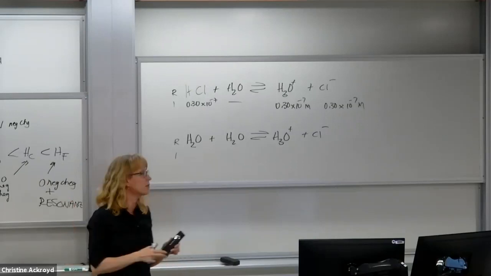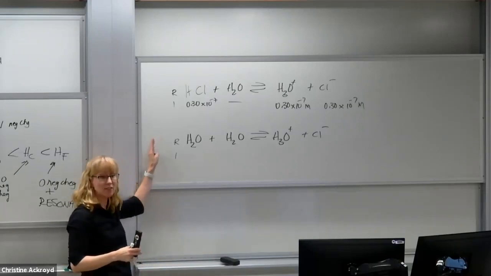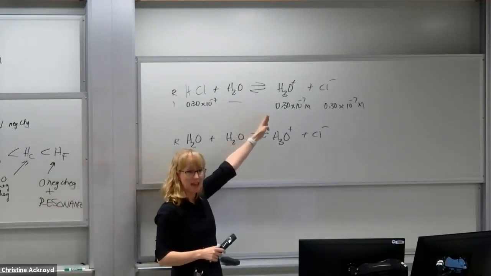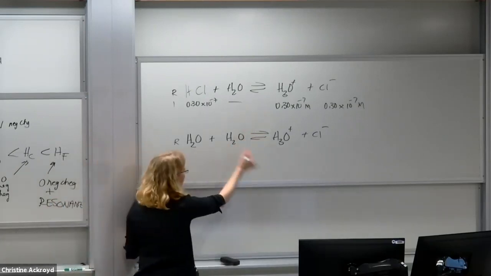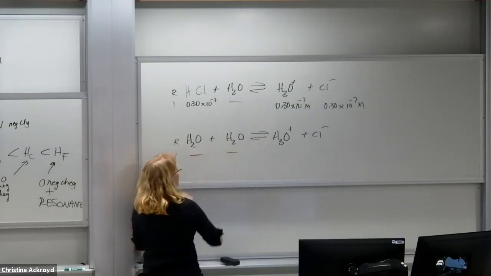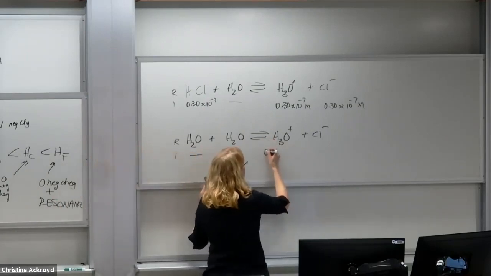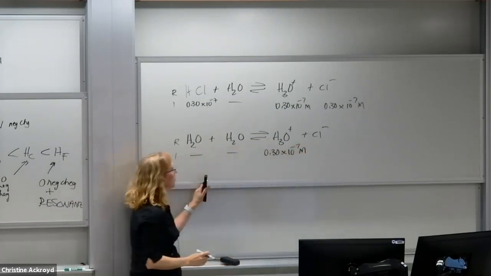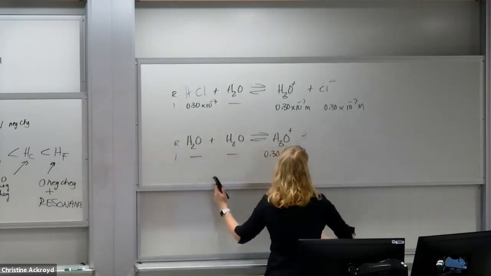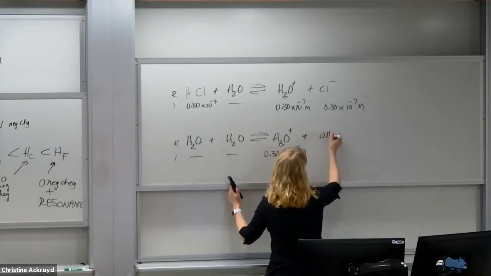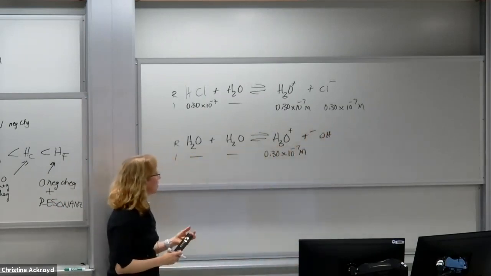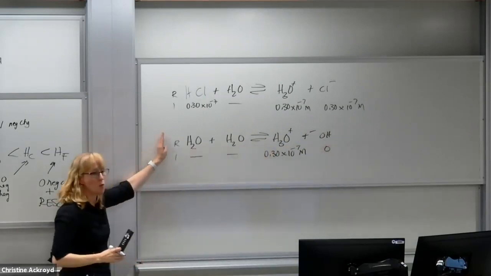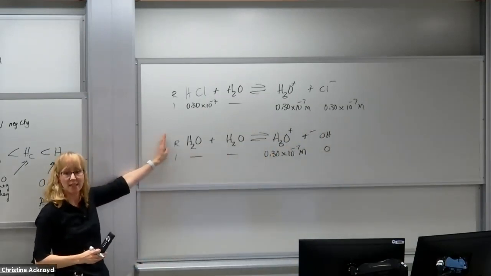Can we use the equilibrium constant for water reacting with itself to calculate how much it would react in the presence of added acid? Yeah, so we write our initial line. The hydronium that we start with is the hydronium that comes from the HCl addition.